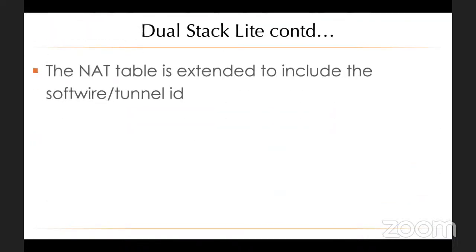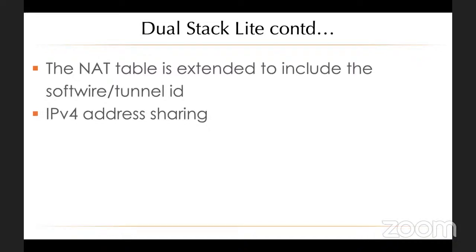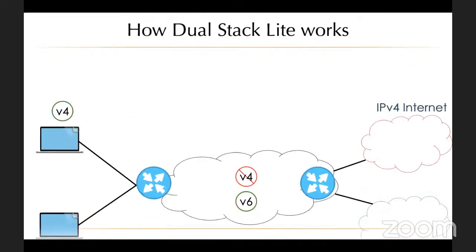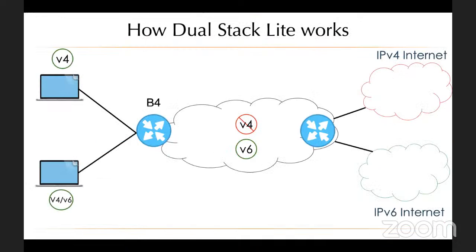And then NAT is going to be done on the Address Family Transition Router. So the B4 device is your CPE, and the AFTR is your tunnel concentrator, which does NAT. For DualStack Lite, we also use IPv4 address sharing. Let me show you a diagram which can explain further.